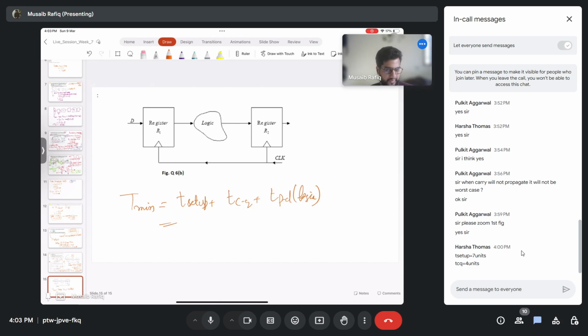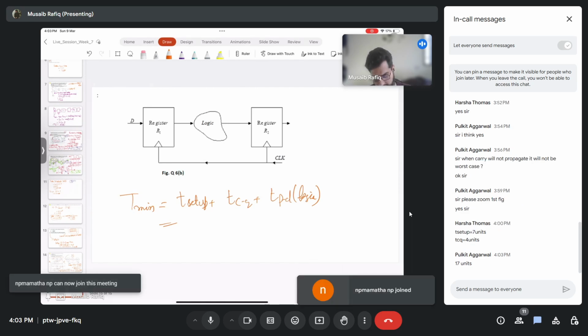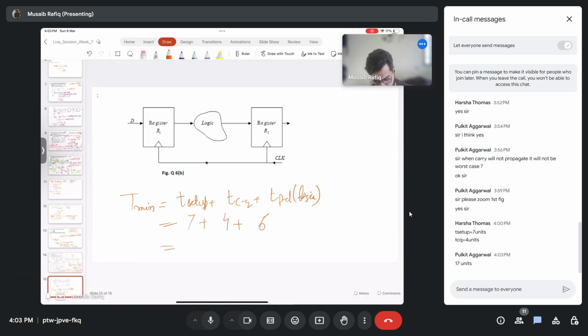So what is the answer? Yes. So T setup is 7, T clock to Q is 4, and TPD logic is 6. So it will be 17 units.